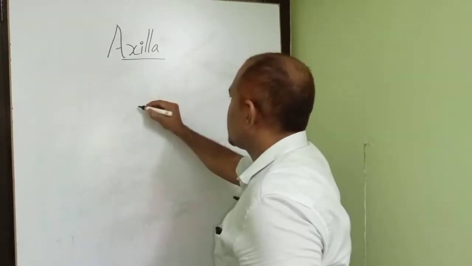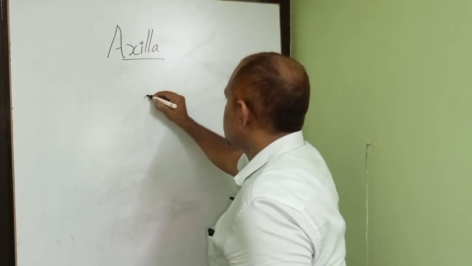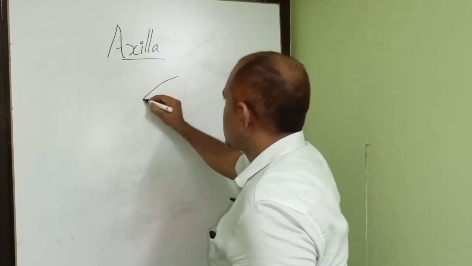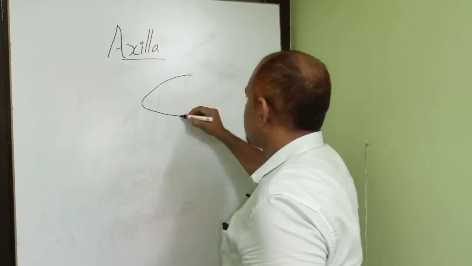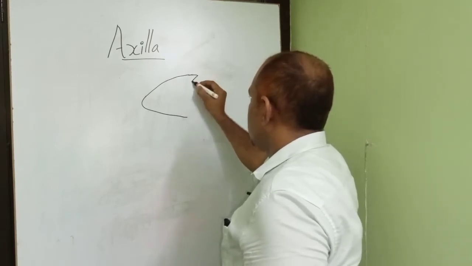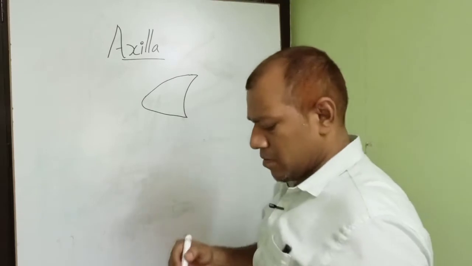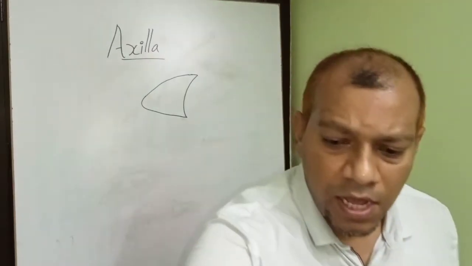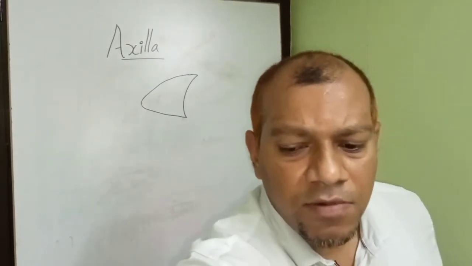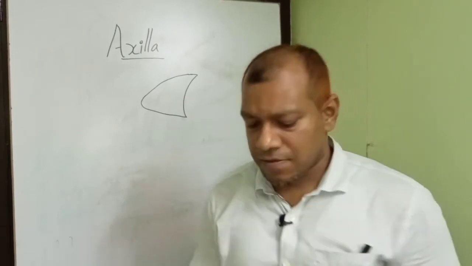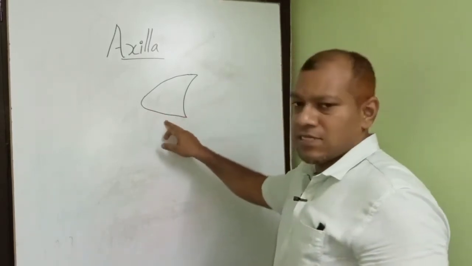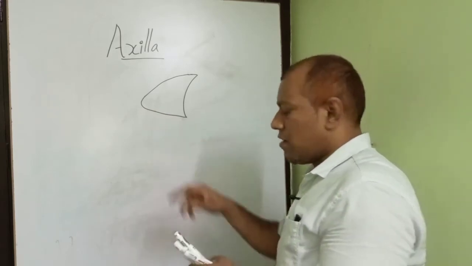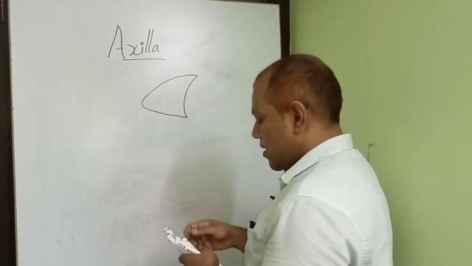So here you can see that the apex is triangular in shape. Now what is anterior, what is posterior? Now we'll see. The anterior part of the apex, the anterior wall of this apex, is formed by the clavicle.